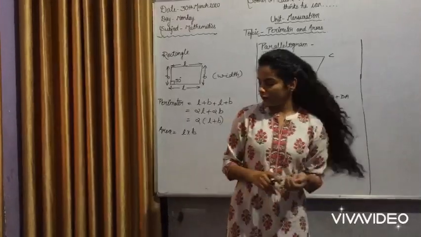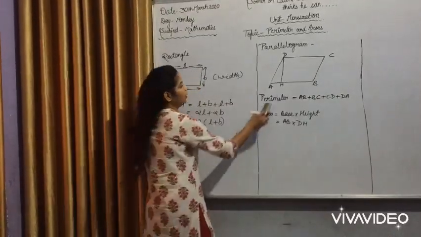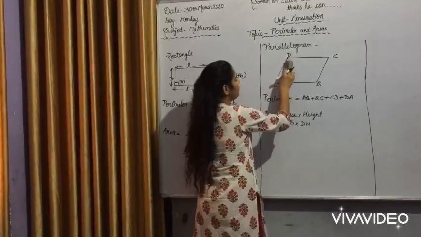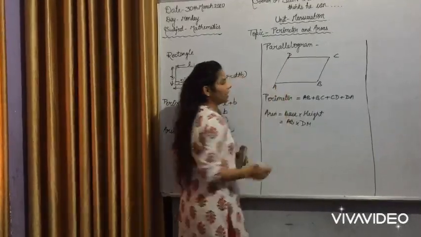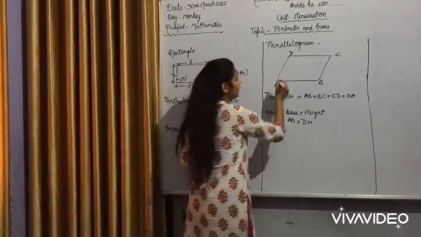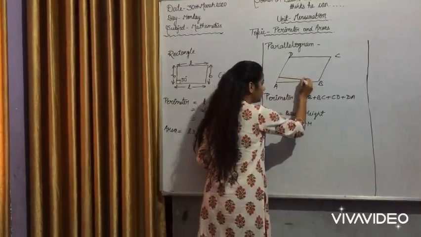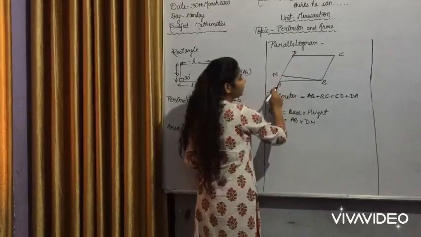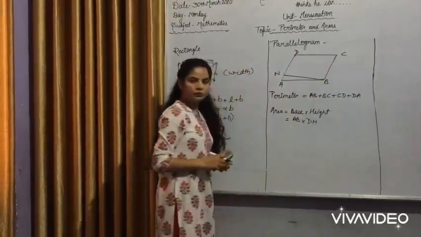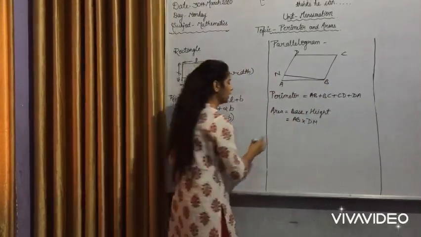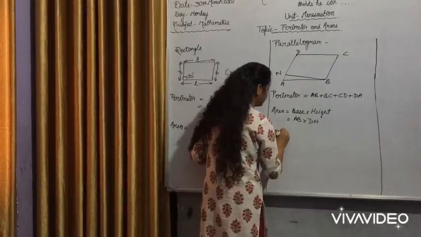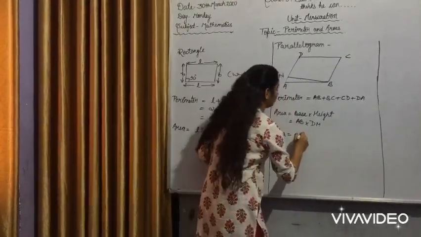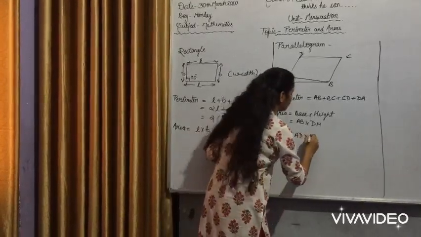Now if we do not take AB as base, I want to take AD as the base, then the perpendicular distance of this AD from BC will give me the corresponding height. So area can also be given by AD multiplied by BN.